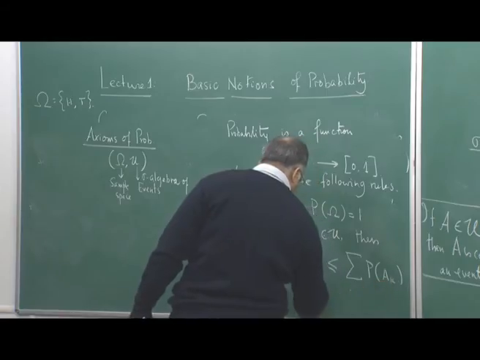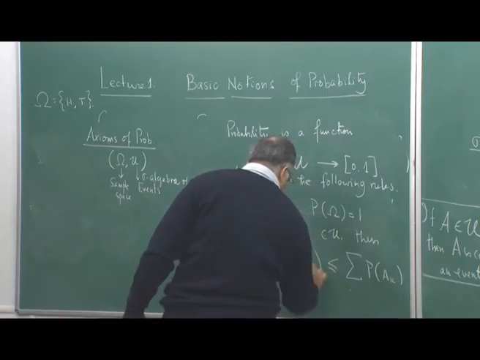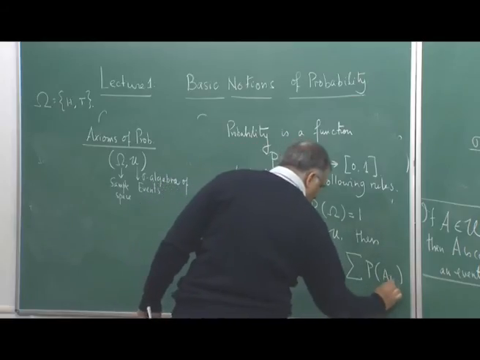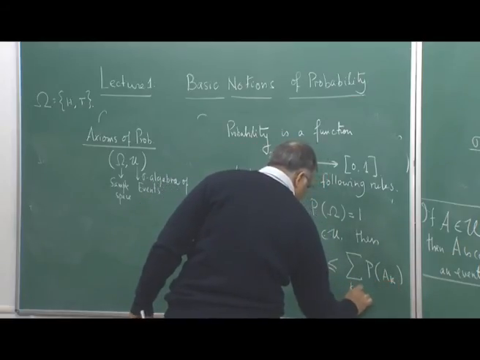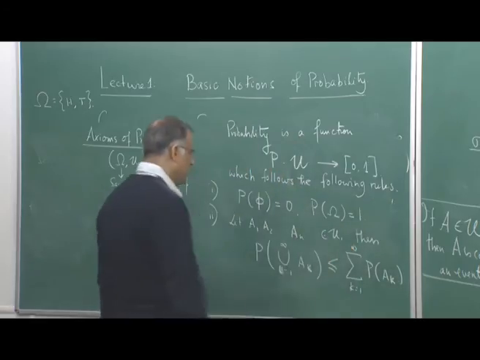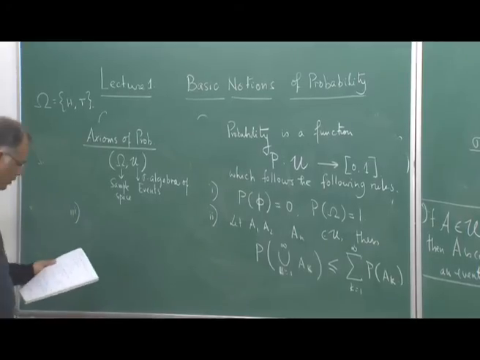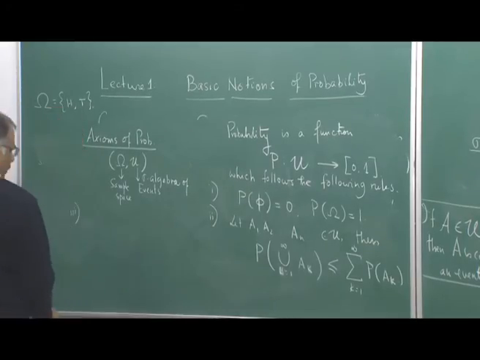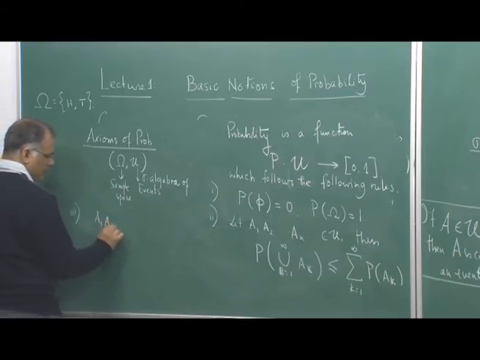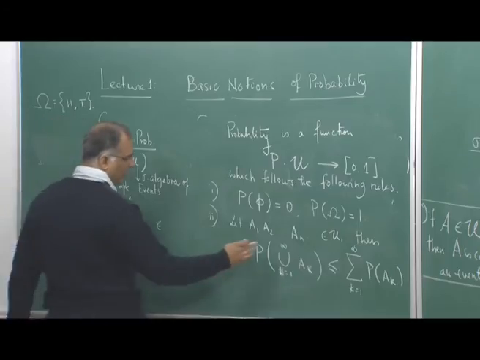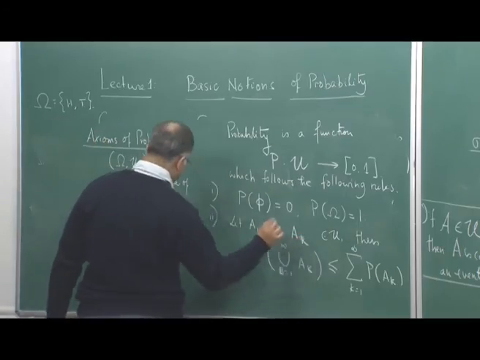A K, maybe I should write K here. This is the second law, and the third law, which is the more interesting one, is that if you have A K, I should write here, it's much more meaningful.